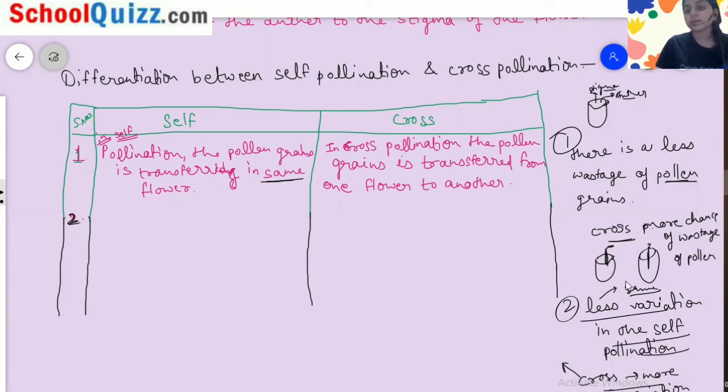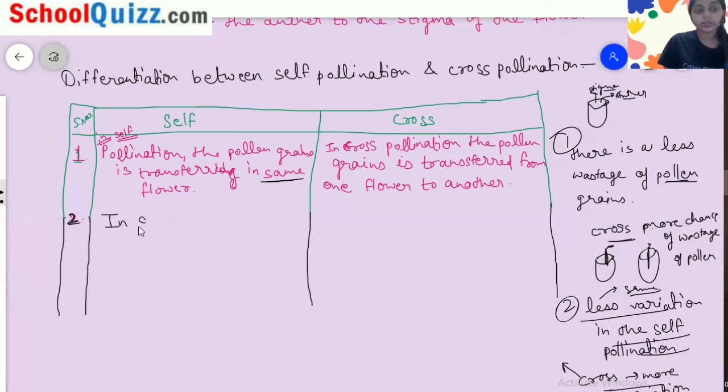So you can write either of the points with the definition and the importance. Okay, so you can write here like this, the importance of, or you can go with only the point.